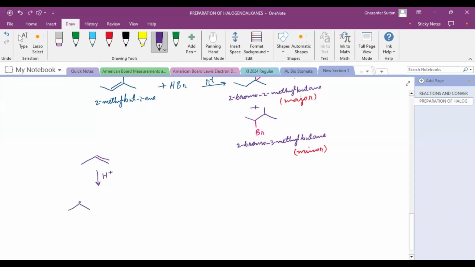Whether hydrogen is added to this carbon atom. When hydrogen comes over there, then the positive charge generates on this carbon. See how, the double bond attacks on the hydrogen ion.